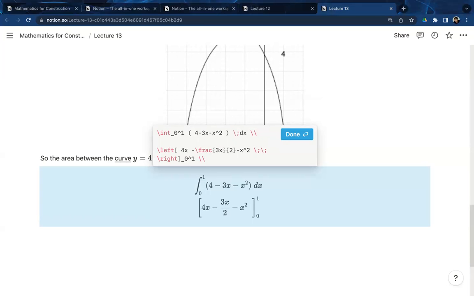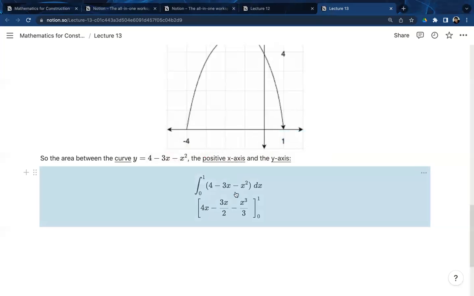And then x squared, you increment the 2 by 1, you get 3 and you divide by 3. So again, this is a fraction.